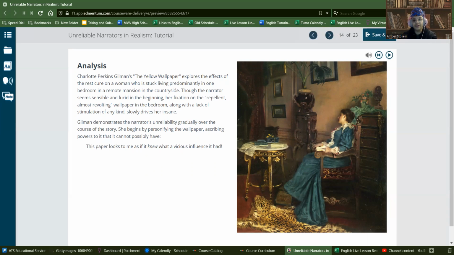So they give you a quote here. This paper looks to me as if it knew what a vicious influence it had. There's no way a wallpaper could know that. There's absolutely no way. At the beginning, maybe you would write this off as just, oh, she's just being creative in how she expresses her hatred for the wallpaper. But as you go through the story, it just gets worse and worse.